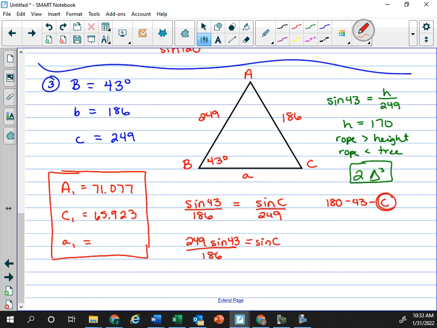So I'm going to do sine of 43 over 186, since those I know for sure. And then that's going to be sine of my stored A over little a. So little a is equal to 186 sine of stored A over sine of 43.